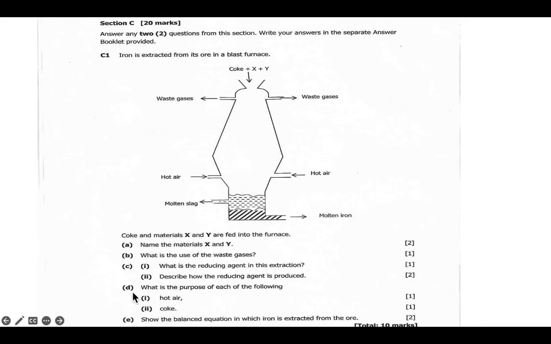They can ask you on D, what is the purpose of each of the following? The hot air. Now, the hot air contains oxygen required for the reactions in the hot blast furnace, because in here there are some reactions that go on. And apart from that, hot air is used to decompose the limestone which is added on top of the hot blast furnace.